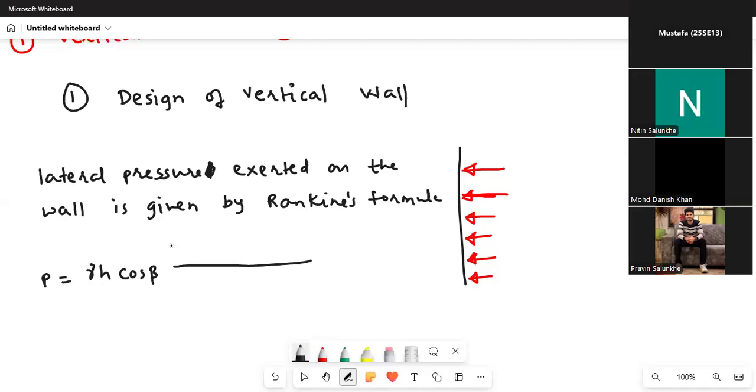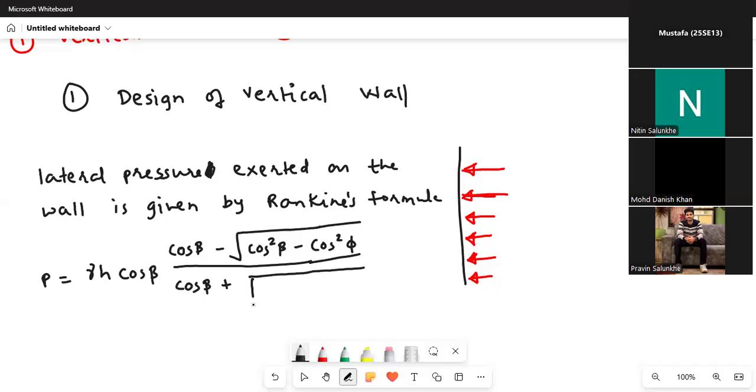Then you have (cos beta minus under root cos square beta minus cos square phi) divided by (cos beta plus under root cos square beta minus cos square phi). Okay. And I will tell you what is gamma.